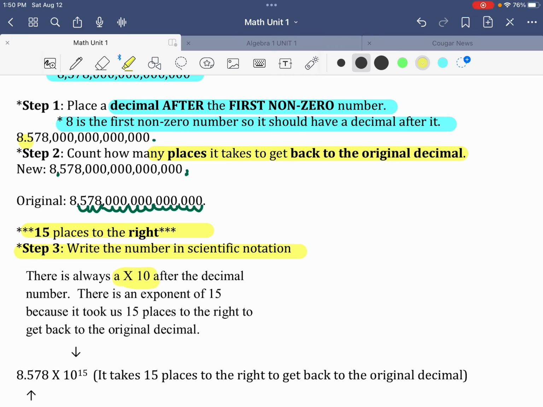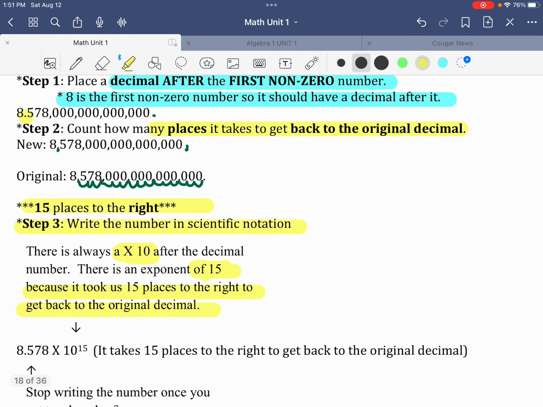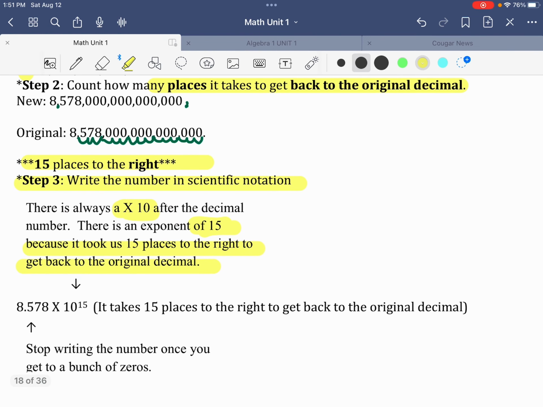In this case, the exponent on the 10 is 15, because that's how many places it took us to go to the right of the decimal. So the new number in scientific notation is 8.578, and we get to drop all the zeros, times 10 to the 15th power.